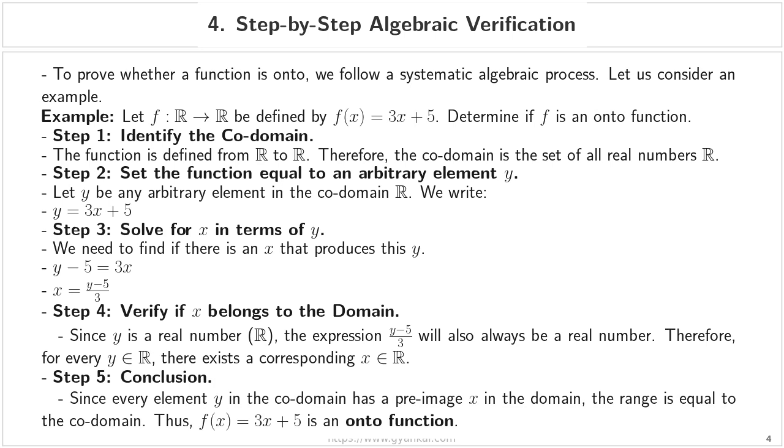Since every element y in the codomain has a preimage x in the domain, the range is equal to the codomain. Thus, we can confidently state that the function f of x equals 3x plus 5 is an onto function. Keep this process in mind, as in the next slide, we will discuss some common mistakes students make when performing this verification, particularly regarding the set definitions.